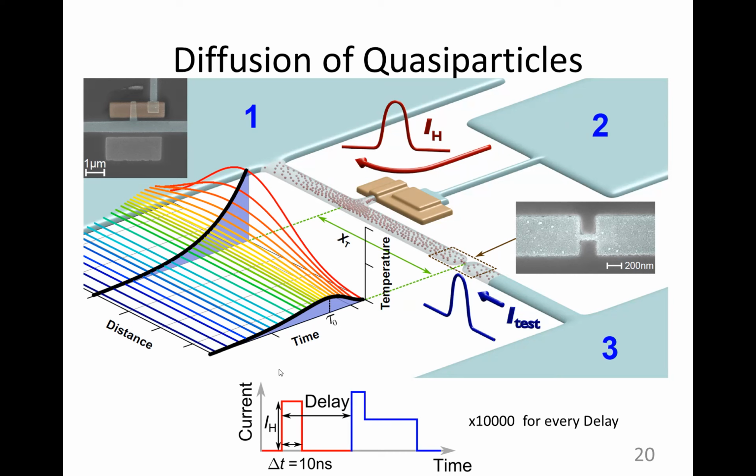For example, the usual number of these patterns needed to obtain the probability is 10,000. So for one point, we need to perform 10,000 such pulse patterns.